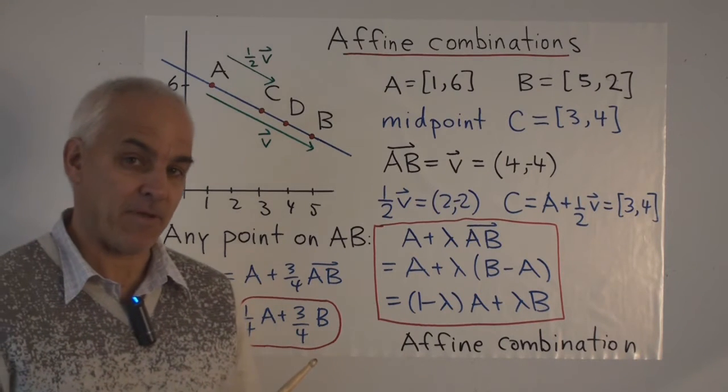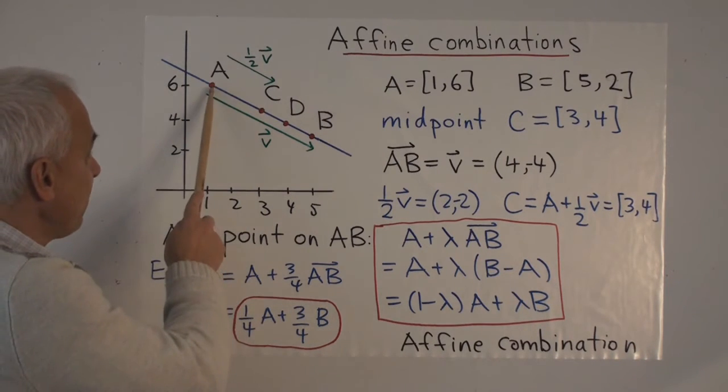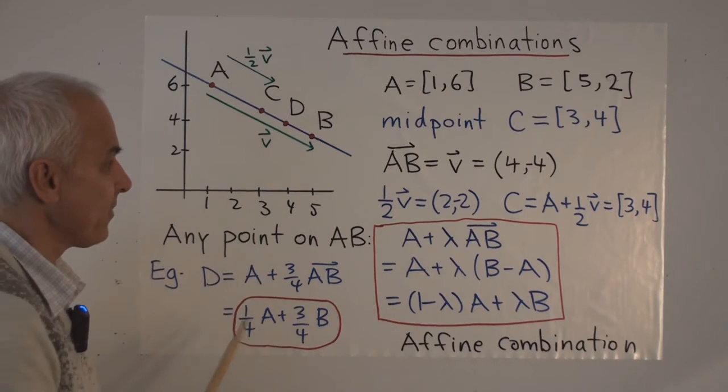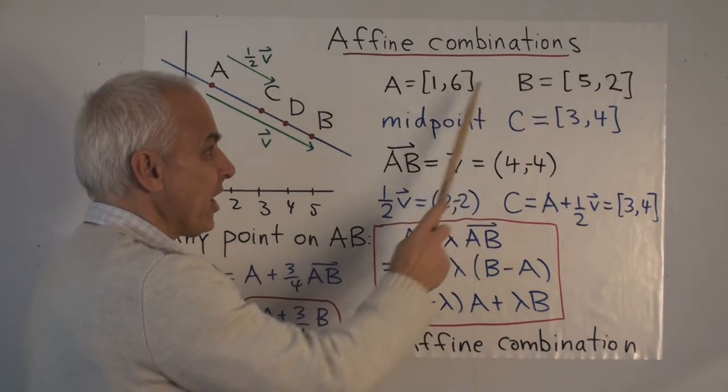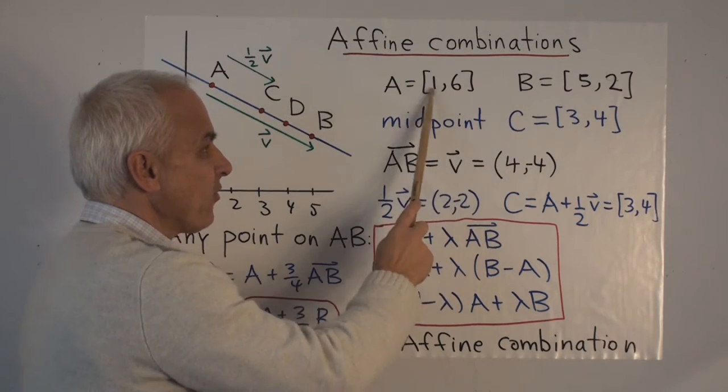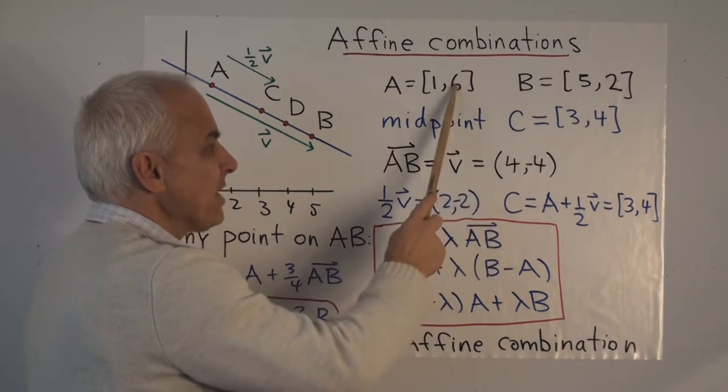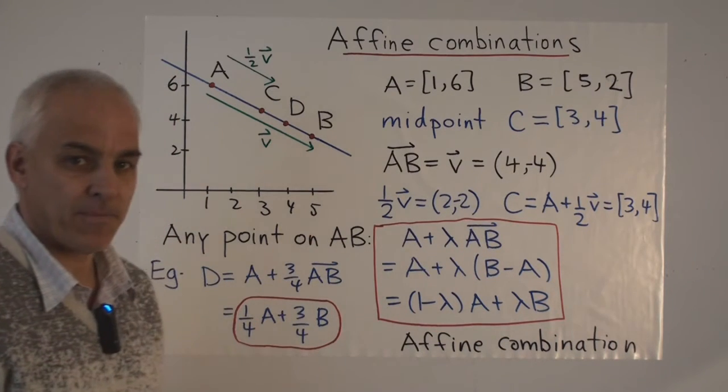Another way of thinking about that is to introduce the vector v that goes from A to B. The vector v is obtained by taking the difference between the coordinates here and the coordinates here: 5 minus 1 is 4, and 2 minus 6 is minus 4.